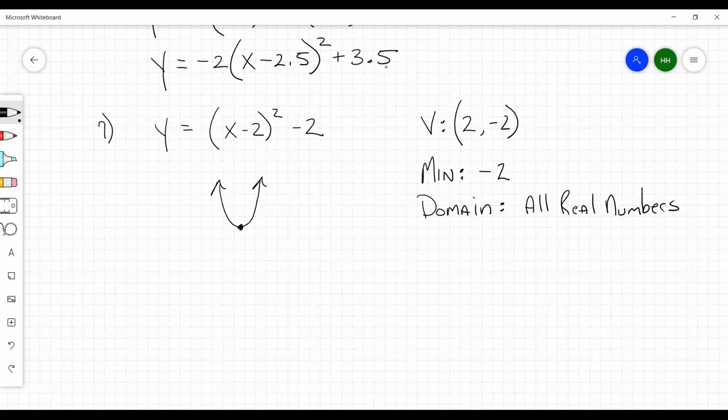The domain for all of the equations you're doing this week is all real numbers. Since everything goes up and down, domain is all real numbers. Your range, all right, the graph goes up, so it's y is greater than or equal to negative 2.